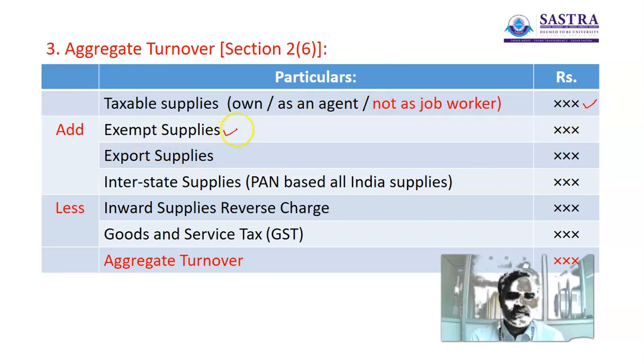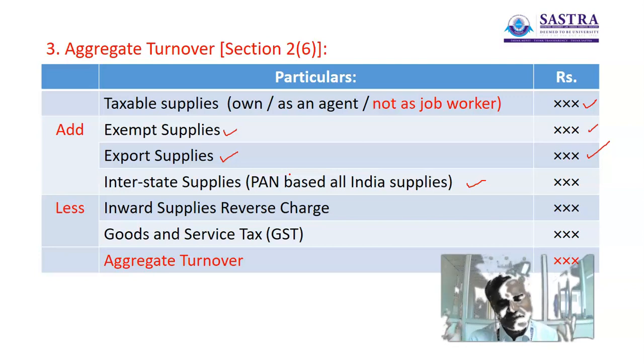Add exempted supplies, export supplies, interstate supplies, PAN based all India supplies. So everything will be taken. Here we want aggregate turnover. Aggregate turnover is nothing but the total. It may be exempted, it may be export, it may be zero rated supply, or it may be taxable supply.